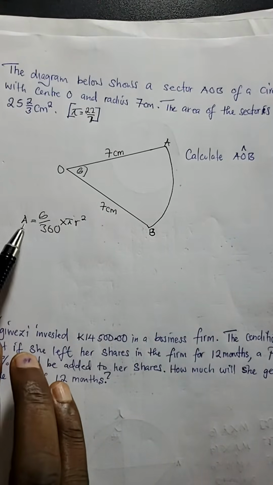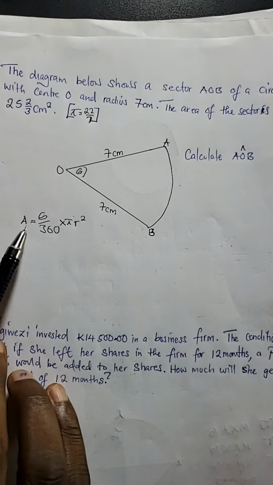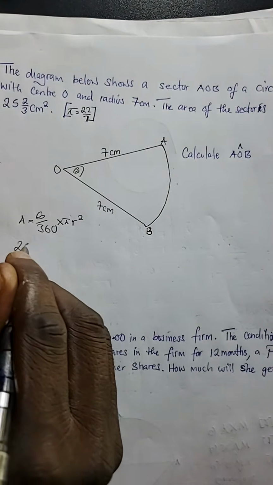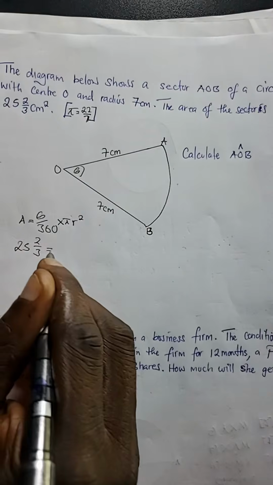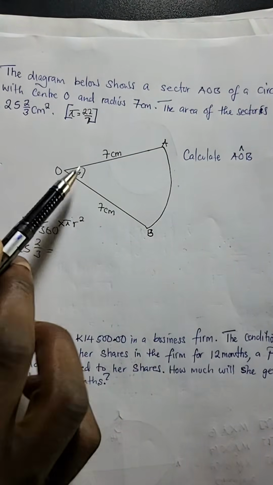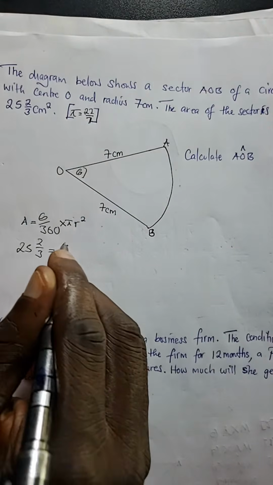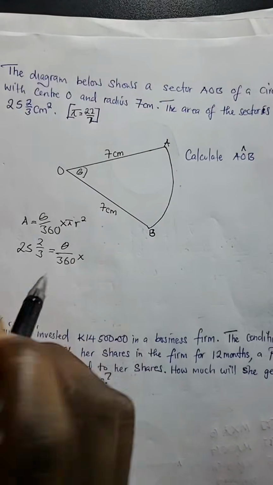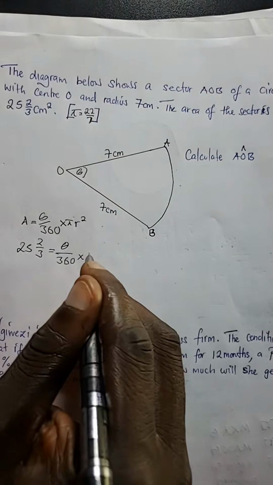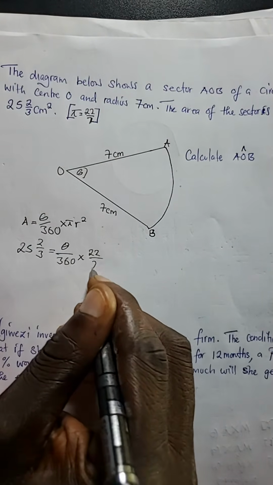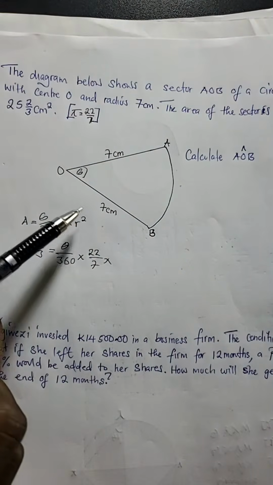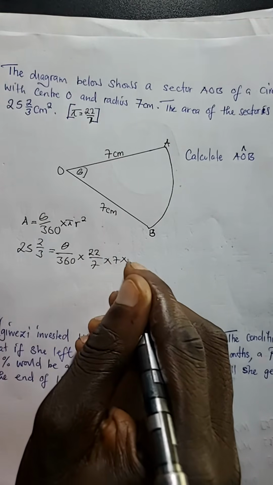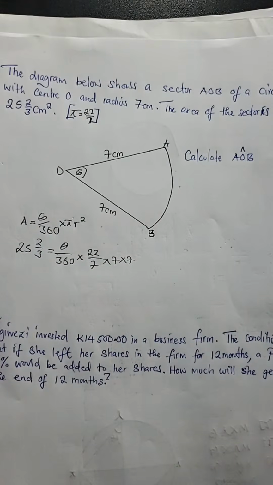Where there is A, substitute the area, which is 25 2/3, equals theta over 360, times pi, which is 22 over 7, times the radius 7 squared, which is just 7 times 7. Then I've just substituted.